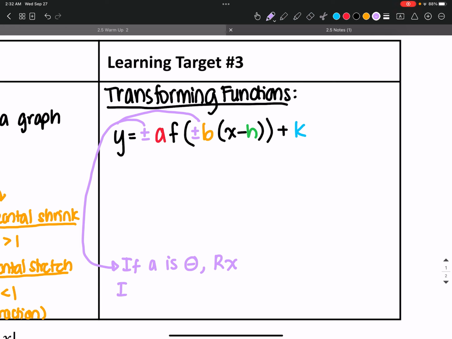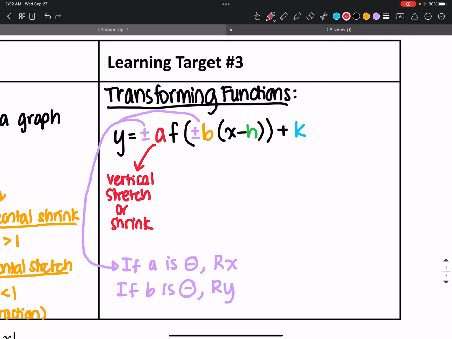We also talked about if b is negative, so that the coefficient inside is negative, then I know I have a reflection over the y-axis. Then the next thing I want to talk about is a. So I know a tells me a vertical stretch or shrink.